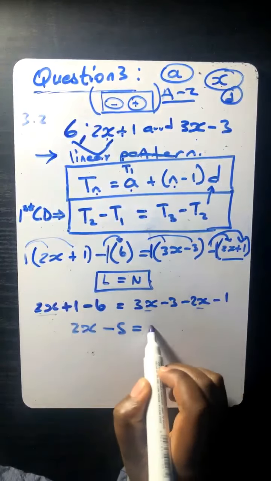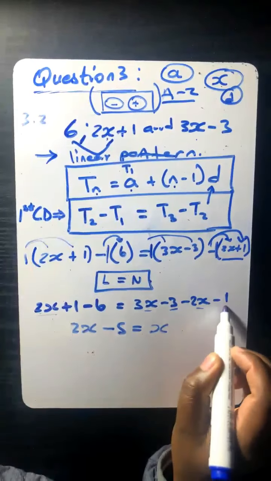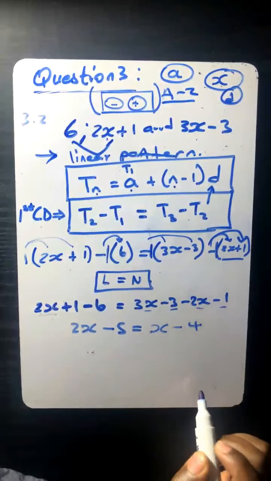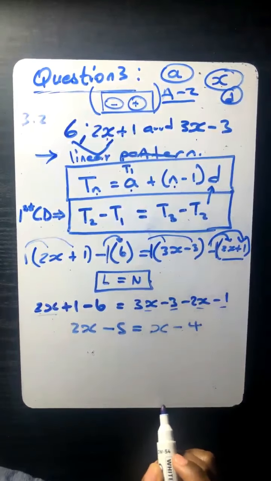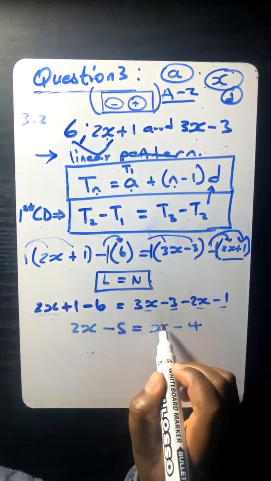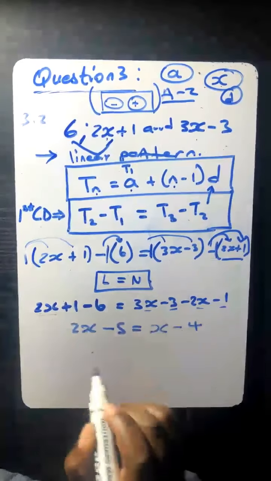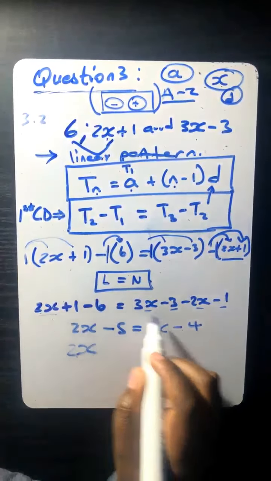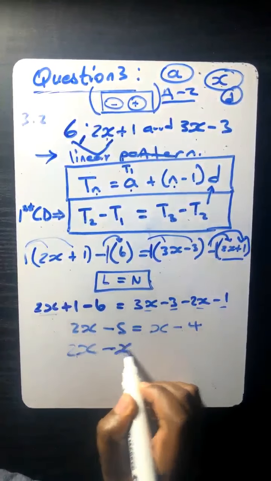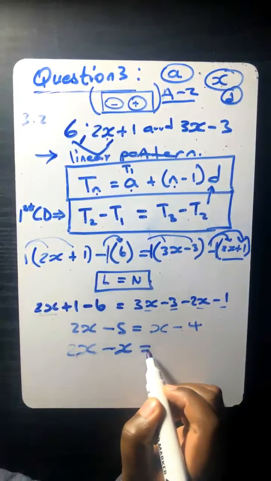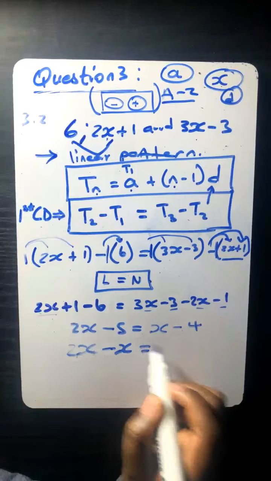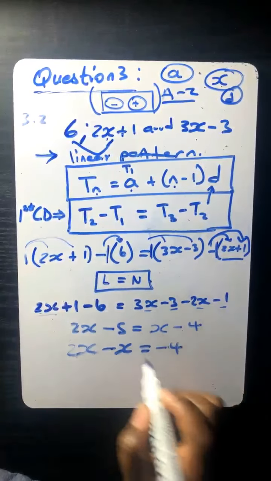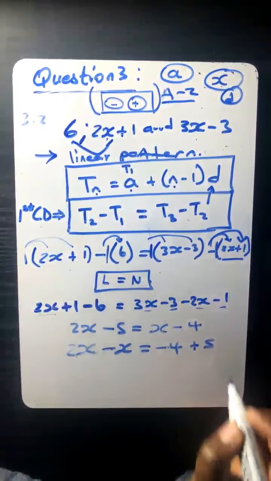These are the common, so it's actually just 1x. What is this and that? These are the constants, it's minus 4. So this song says move all the letters to the left. So here you have 2x and then you move that one, it's minus x, it equals 2. Move all the numbers to the right side of the equals. You already have negative 5 there. You move that one, it changes the sign, it becomes that.